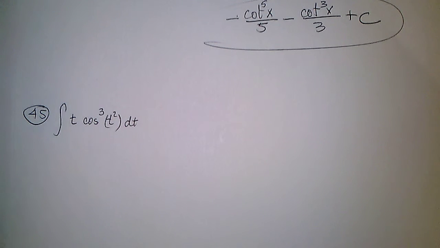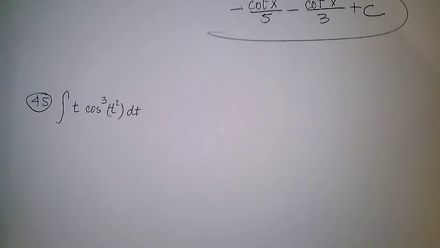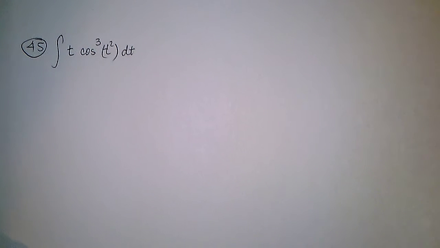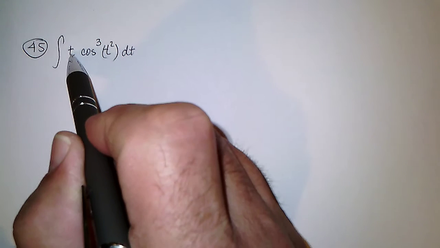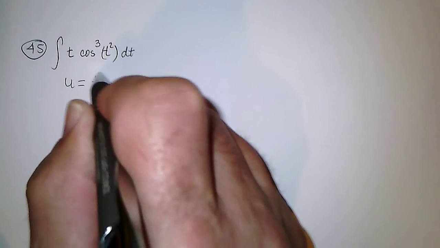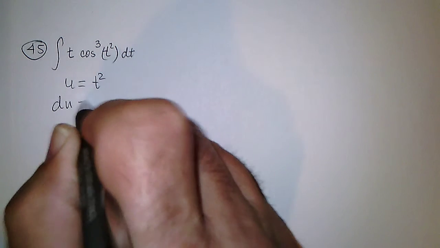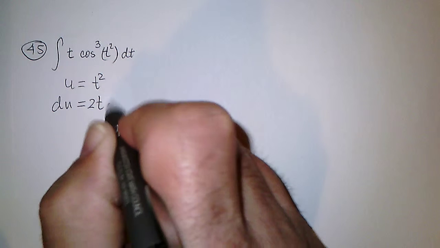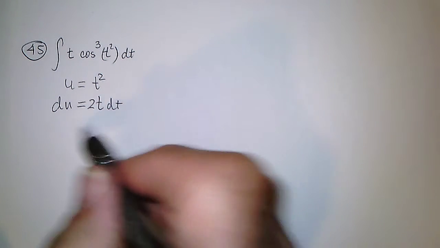And now 45. Well, what looks like it might be a nasty problem is actually pretty simple. First of all, this t will go if we let u equal t squared, then du will equal 2t dt, and divide by 2t.